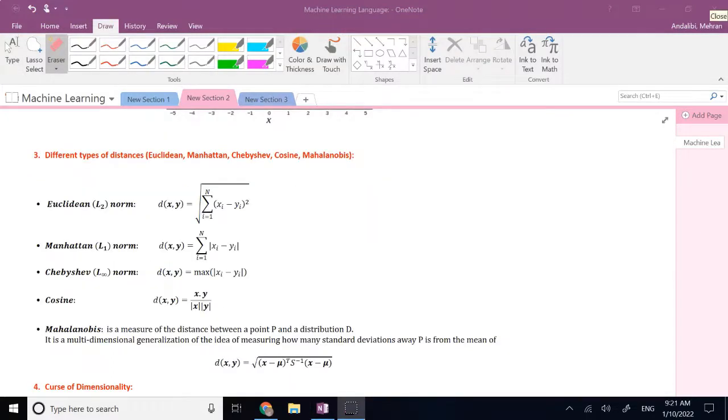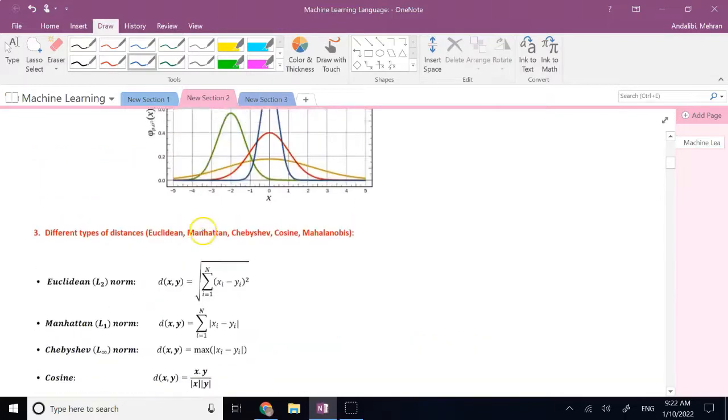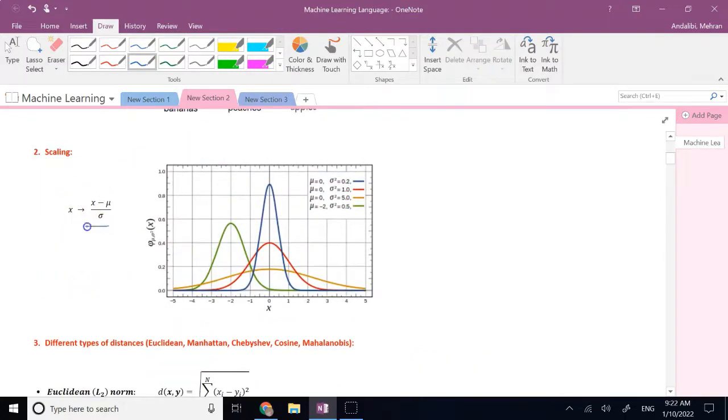And before I move to the next topic, maximum likelihood, I just remembered that I wanted to clarify this Mahalanobis distance that I mentioned, right? Which I said it is like how many standard deviations you are away from the mean. You can see it's exactly related to this scaling, right?